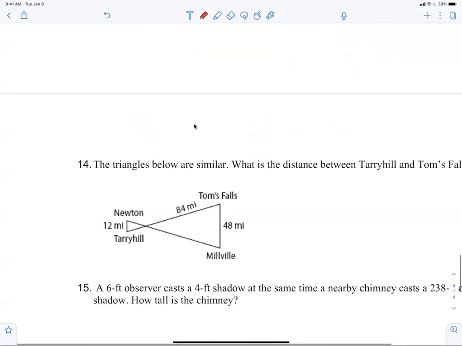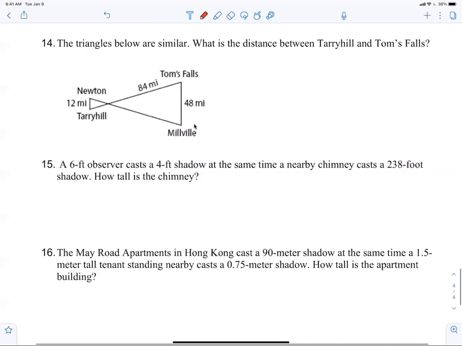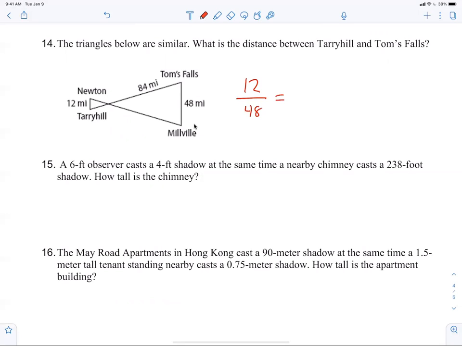Okay, Holland, can you hear me? Yes. All right, you tell me about this one. So could you do 12 over 84 and then 12 over what? 48. 12 over 48, that is correct, equals X over 84.